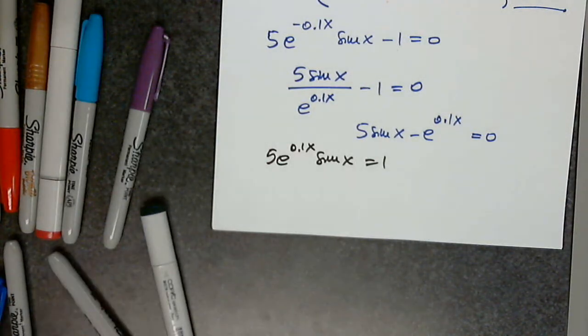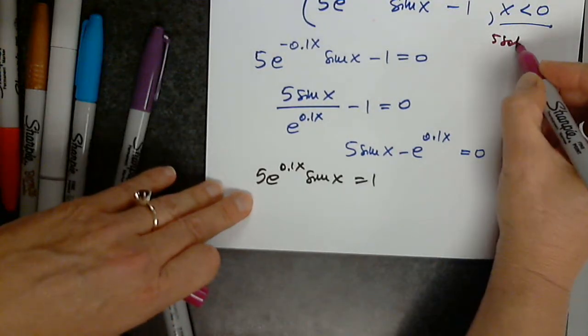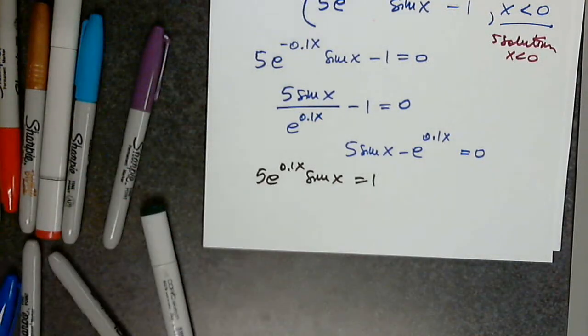So I'm assuming that this is a touch here. I have to check. But if it is, I'll say 1, 2, 3, 4, 5 for the negative side. So 5 solutions that are less than 0. So for a total of 10.